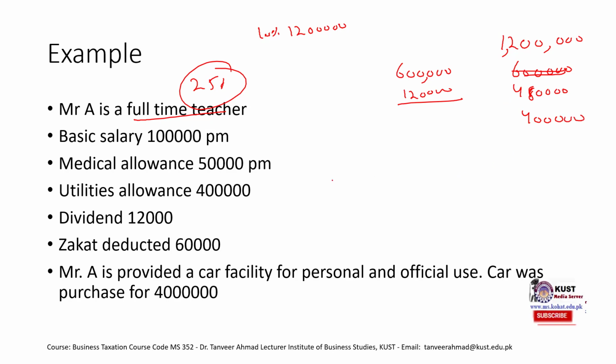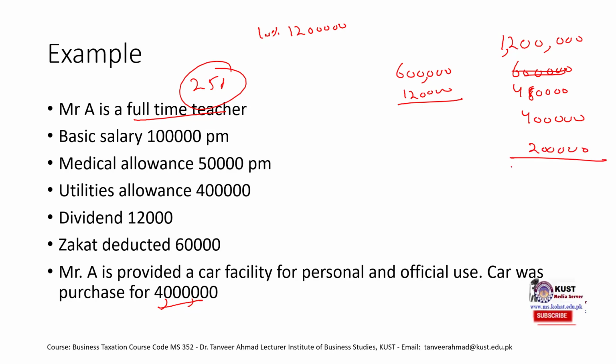Agriculture income is not included over here. Dividend, zakat, these are deductions or fixed tax regimes. The only thing that we are left with is the conveyance, which is 5% of this 40 lakh rupees, which would be 2 lakh rupees.